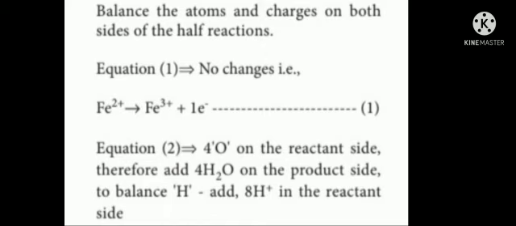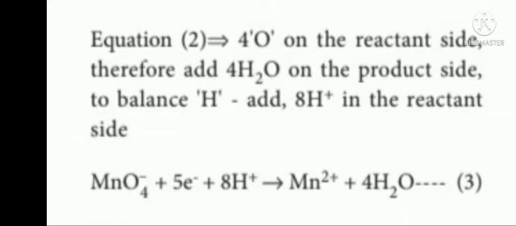To balance hydrogen, add 8 H plus on the reactant side. From the above explanation, we get MnO4 minus plus 5 electrons plus 8 H plus, which gives Mn2 plus plus 4 H2O. It is equation number 3. Now equation 2 becomes equation 3.